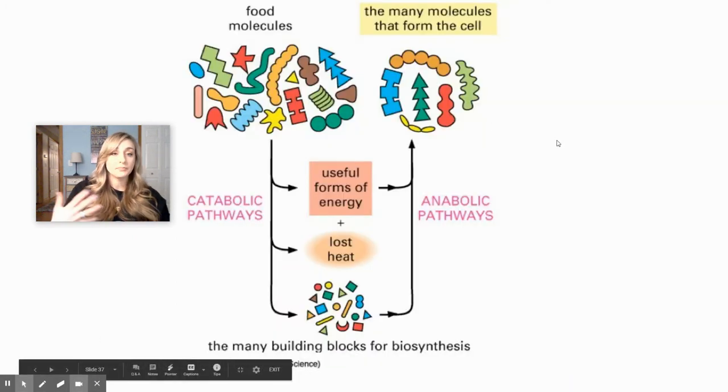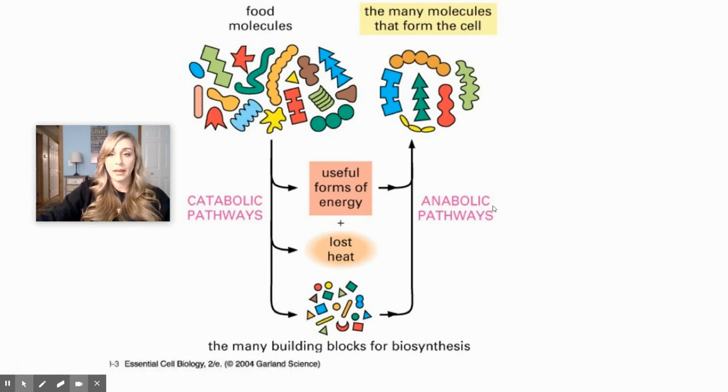Just a quick attention to catabolic and anabolic pathways. Catabolic, we're breaking down food molecules. Those could be glucose in the form of carbs, could be fats, we'll talk about how fats are metabolized, could be proteins. We're going to turn those into usable forms of energy to eventually build up other molecules.